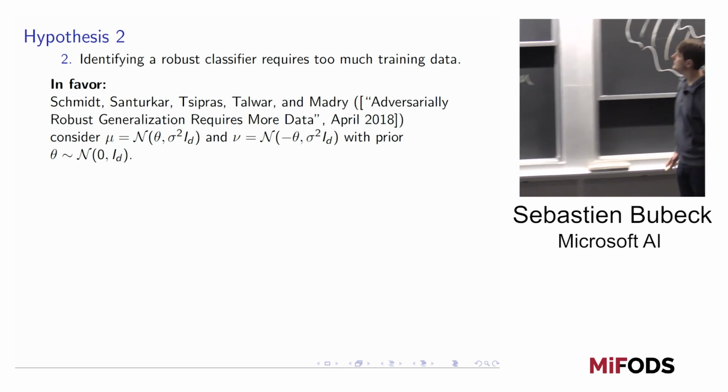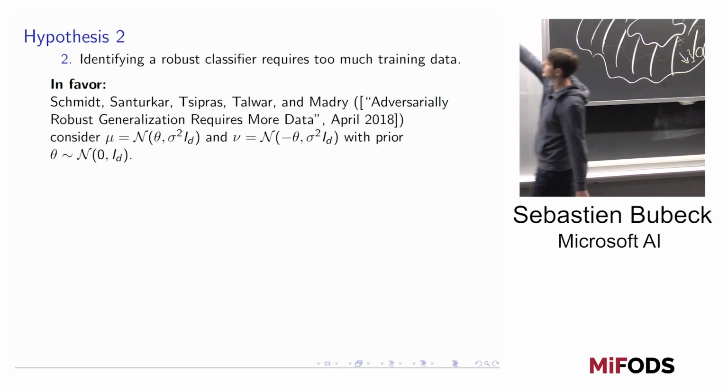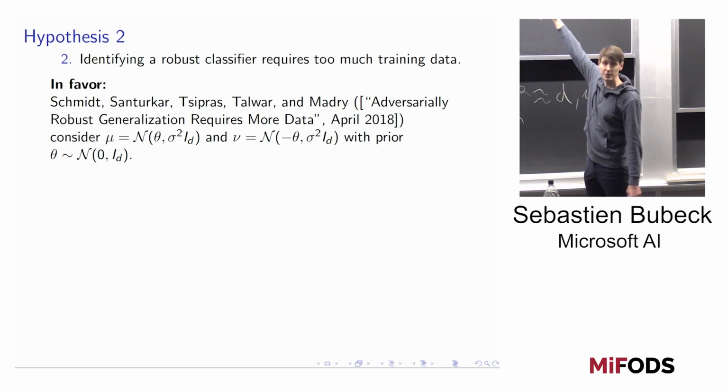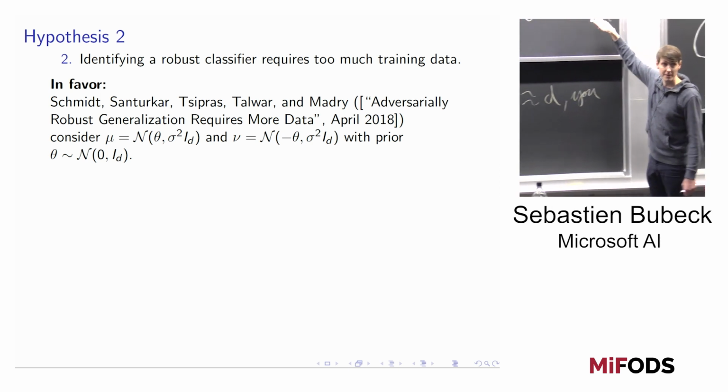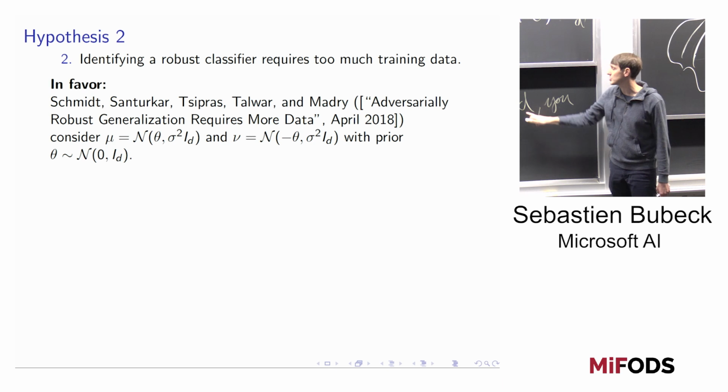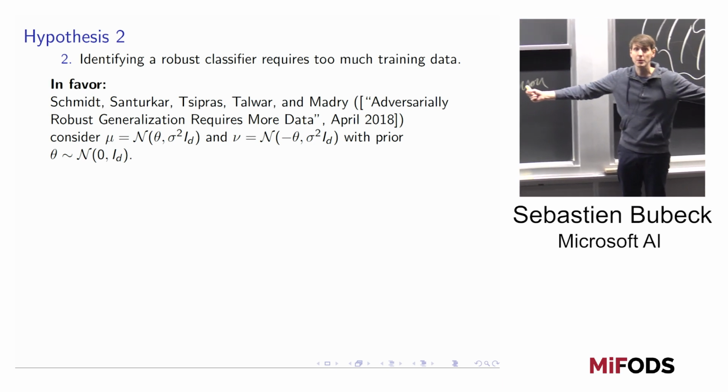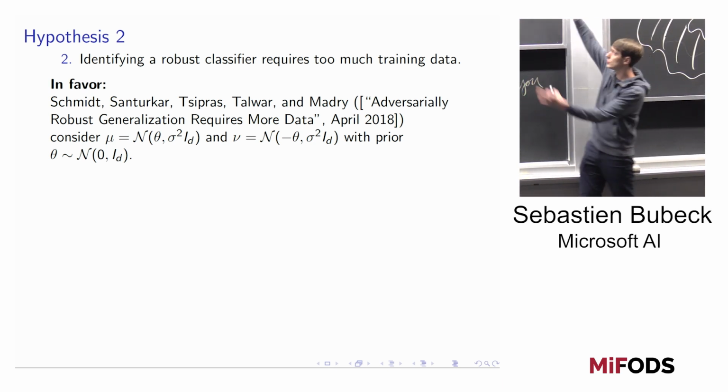This is not totally obvious because the separation is of order square root d. If sigma squared is like d, I have a huge overlap.